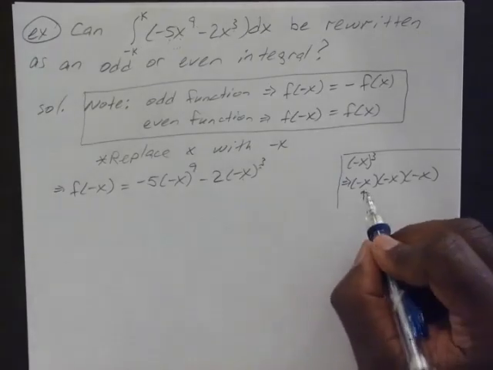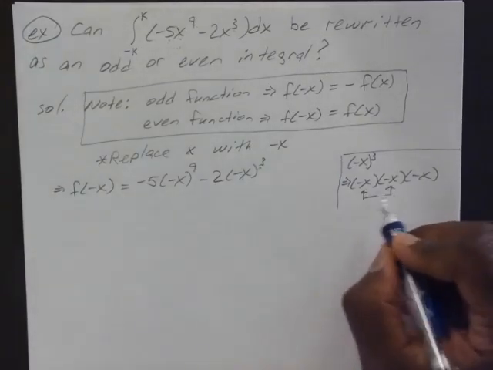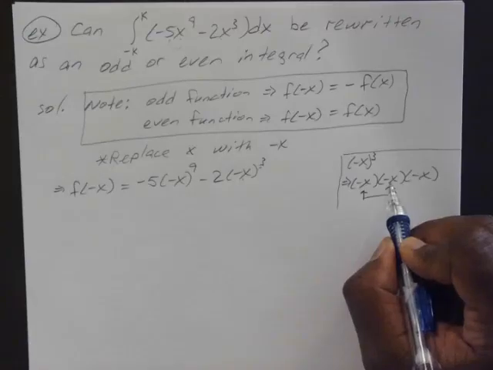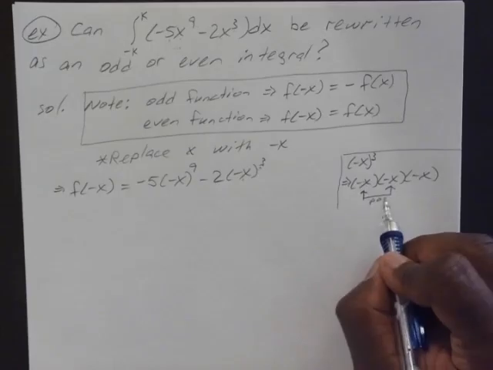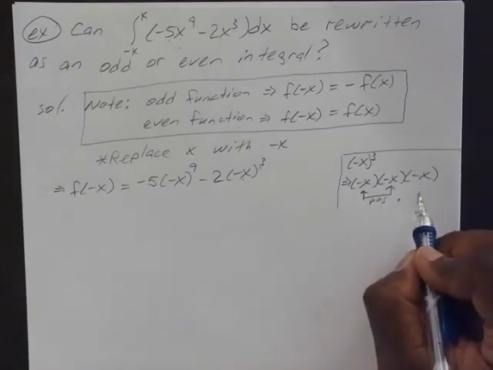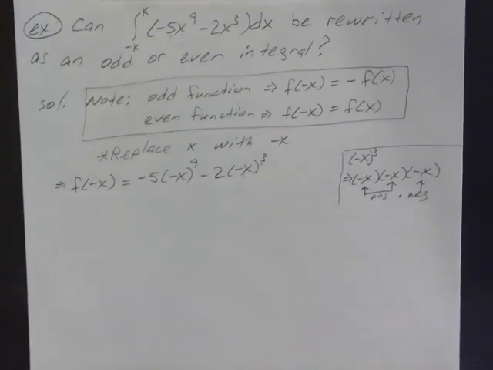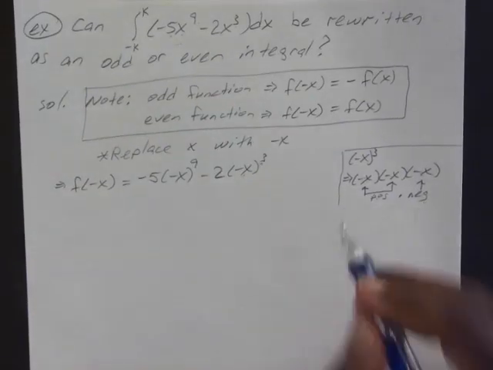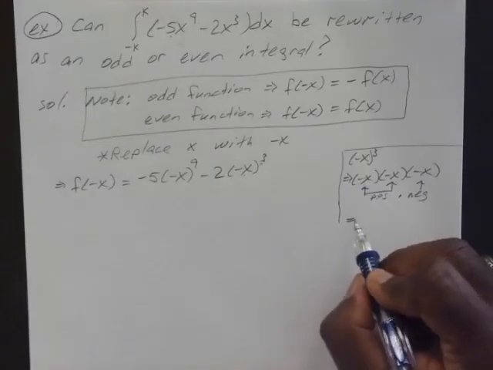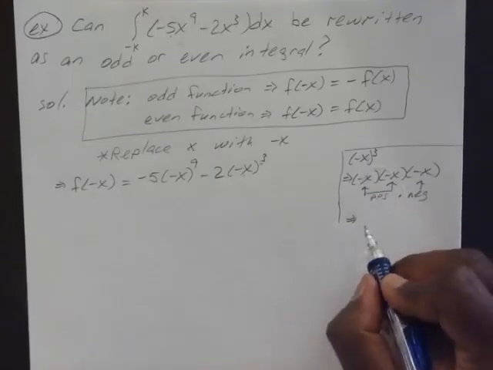Okay, so if you multiply these two, negative x times negative x, the negative times negative is positive. So you get this positive times this last negative one that's still here. So that positive times negative will give you a negative. And it'll work out that way for every odd exponent for negative x.